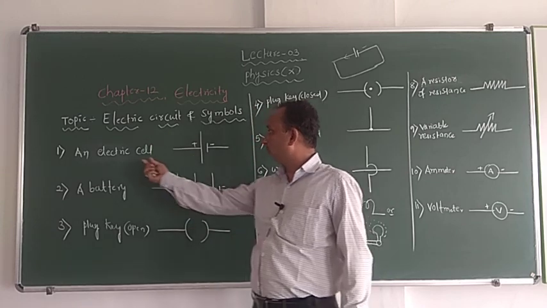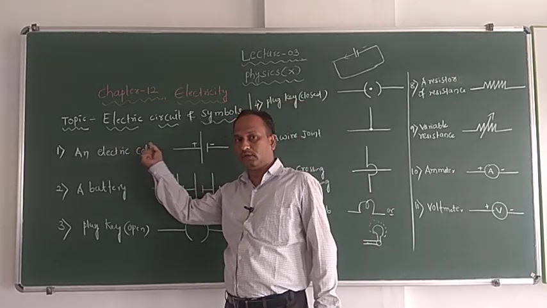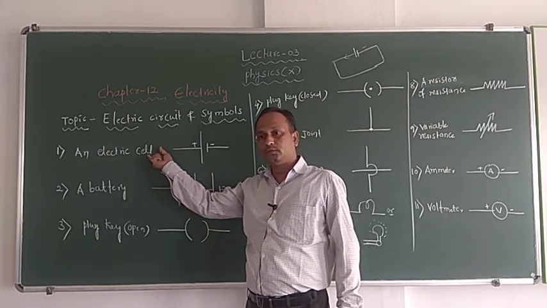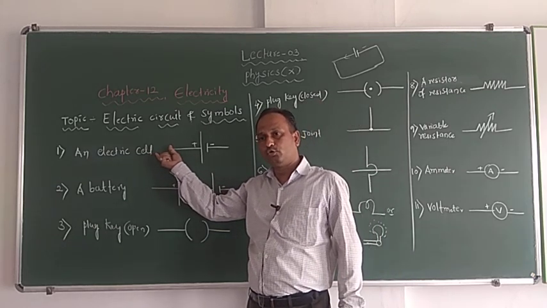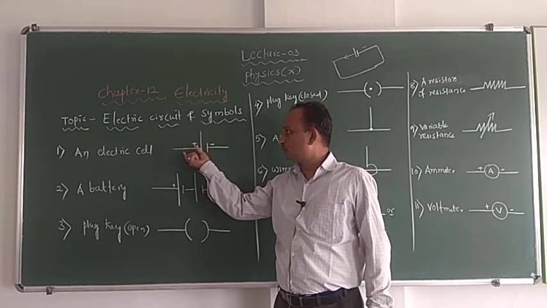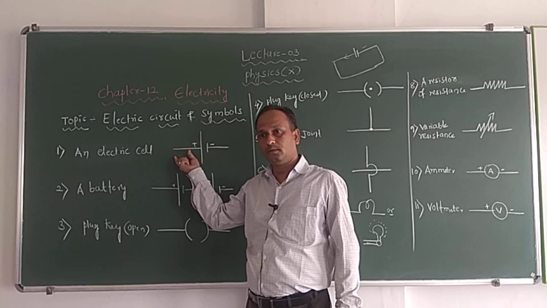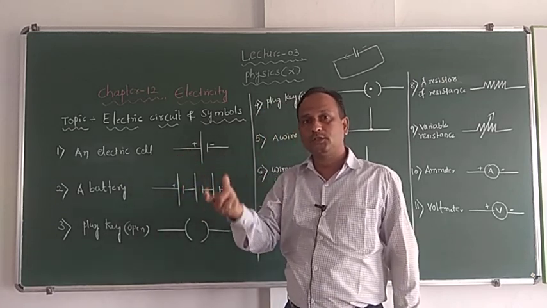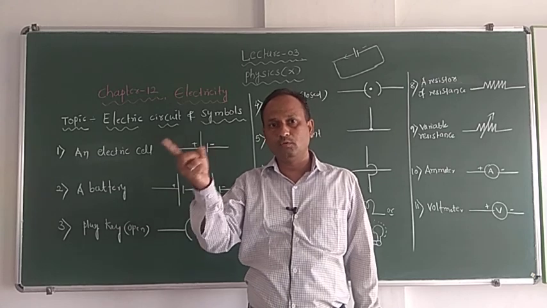First, what is an electrical cell? An electrical cell is a device which converts chemical energy to electrical energy. It is a source to the circuit. When an electrical cell is connected, the cell creates a potential difference between the 2 points. It makes the charges move from one point to another.